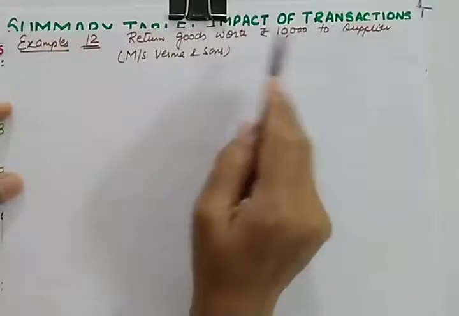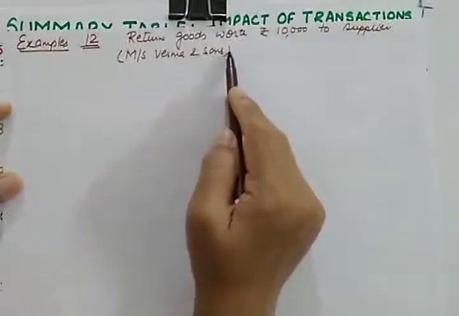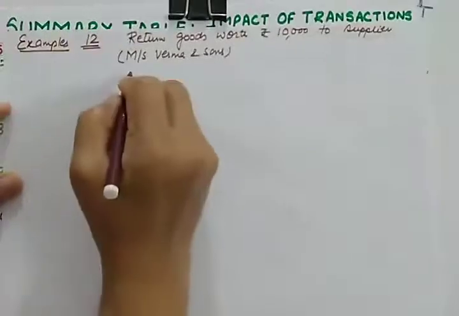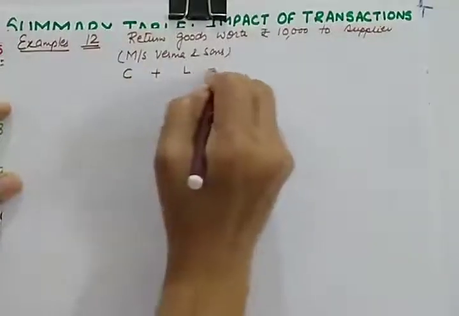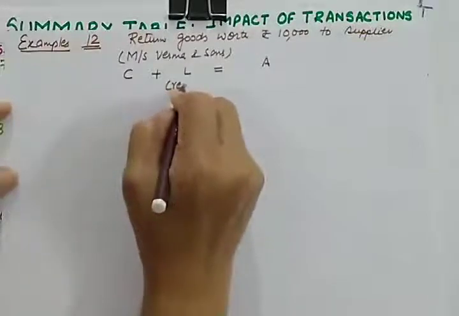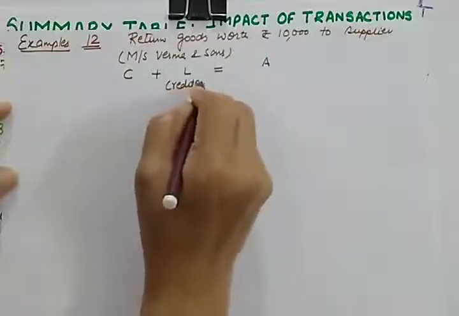And what was the assumption? The assumption was that these goods were originally purchased on credit. So how to deal with this? C plus L is equal to A. So we'll be reducing this from the creditor.